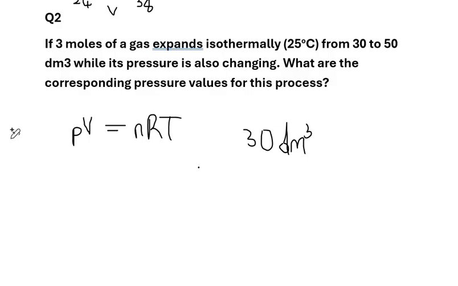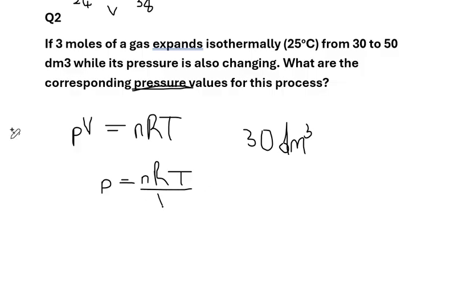So for the 30 dm cubes, you're going to transpose this equation because you're trying to find the pressure. This is what you're trying to calculate in the question, the pressure values for the process. So it's going to be P equal nRT divided by the volume.